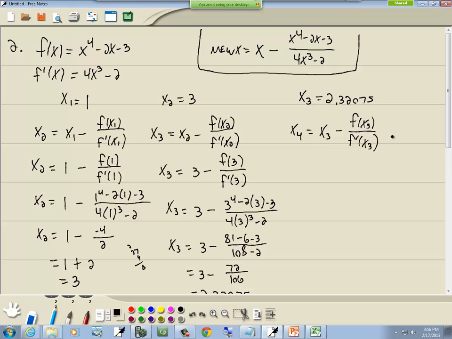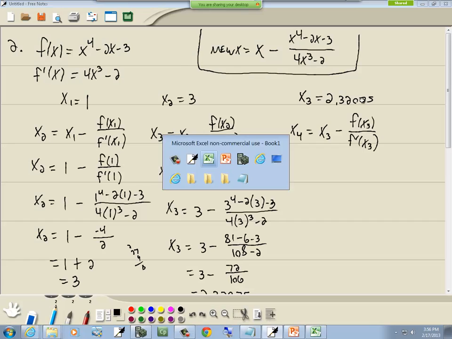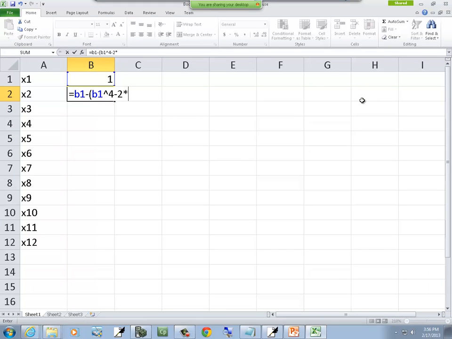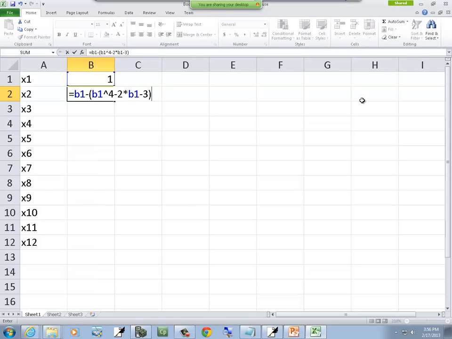So I'm going to have equals B1 minus, parentheses around the top, and I've got B1 caret 4, that's the x to the 4th, minus 2 times x, so minus 2 times B1, minus 3, closing parentheses on top, divided by, beginning parentheses on the bottom. And we've got 4 times x to the 3rd, so B1 caret 3, that's the x to the 3rd, minus 2, closing parentheses, enter.